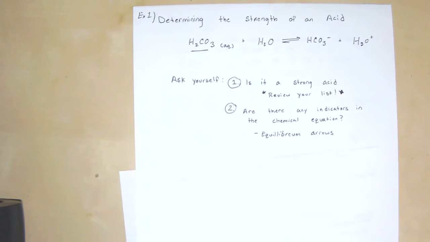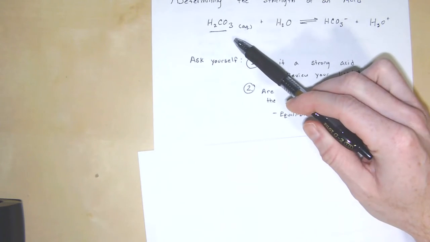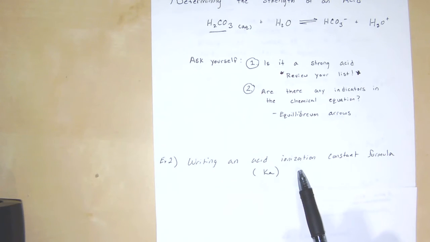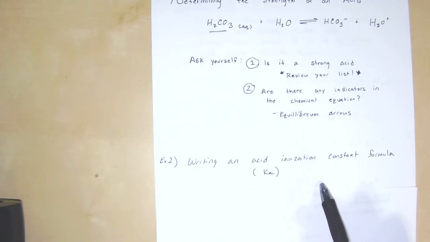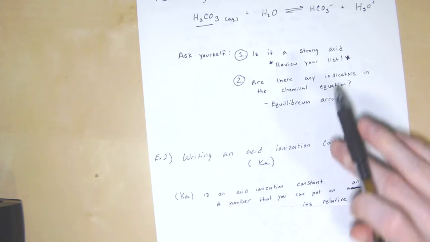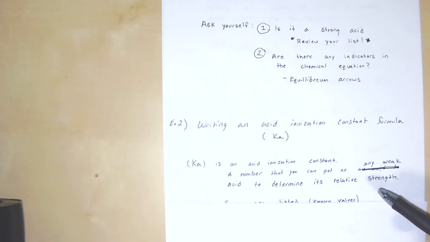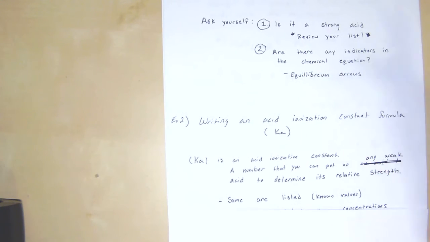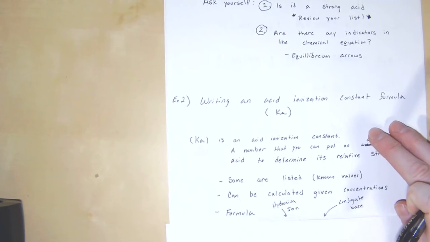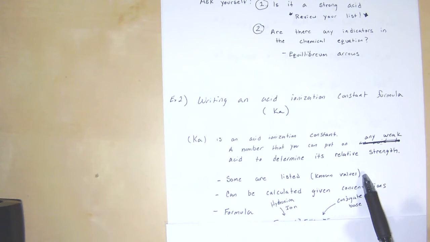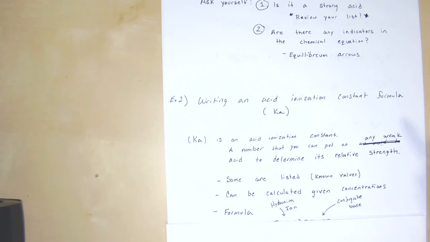So now that we've determined that the H2CO3 is a weak acid, we can actually write an ionization constant formula, a Ka formula for that acid in this equation. And again, that's the number we can place on any weak acid to determine its relative strength and compare two weak acids, which one is stronger, which one is not. And like I said, we went over the known values, which are listed in our book.